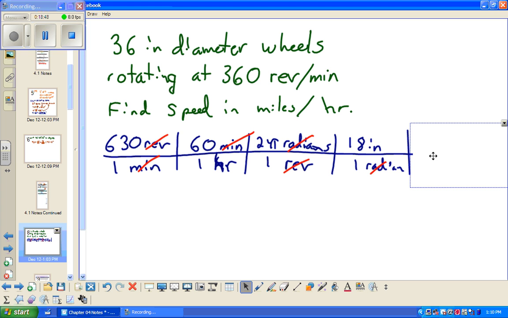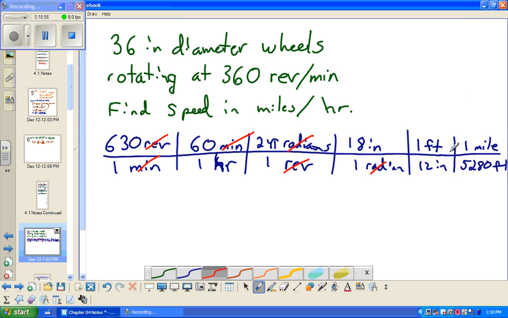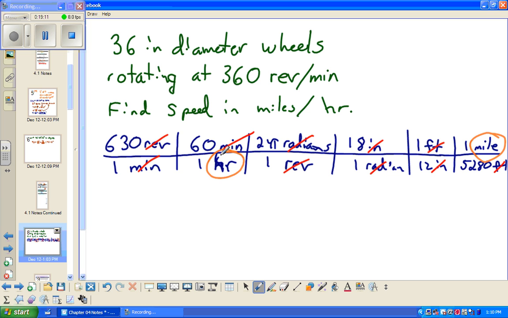So we know that there's 12 inches in a foot, and 5,280 feet in a mile. So what does that leave us with? It leaves us with miles per hour. And when you multiply everything on top and everything on bottom, and divide, you end up with approximately 67.47 miles per hour.